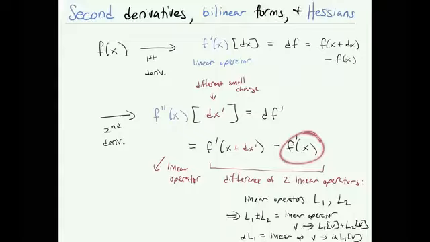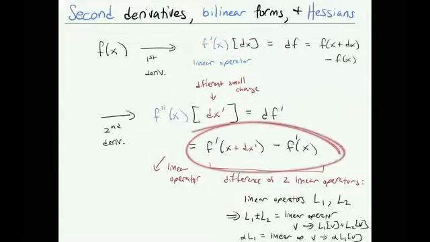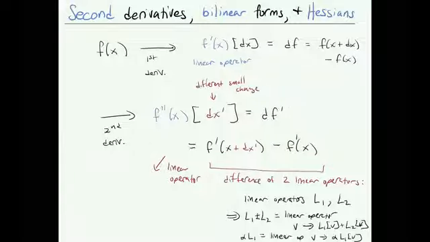These are linear operators that take in a dx and give you a df. So the difference of these two things is a linear operator that takes in a dx, not a dx prime, a dx, and gives you something else.